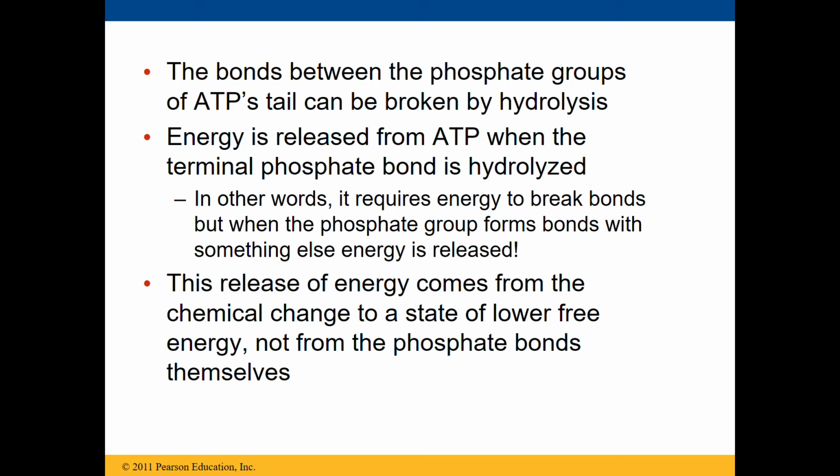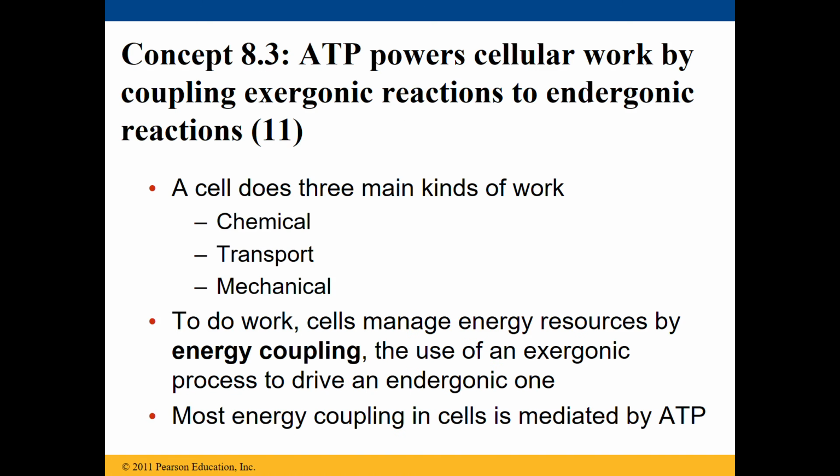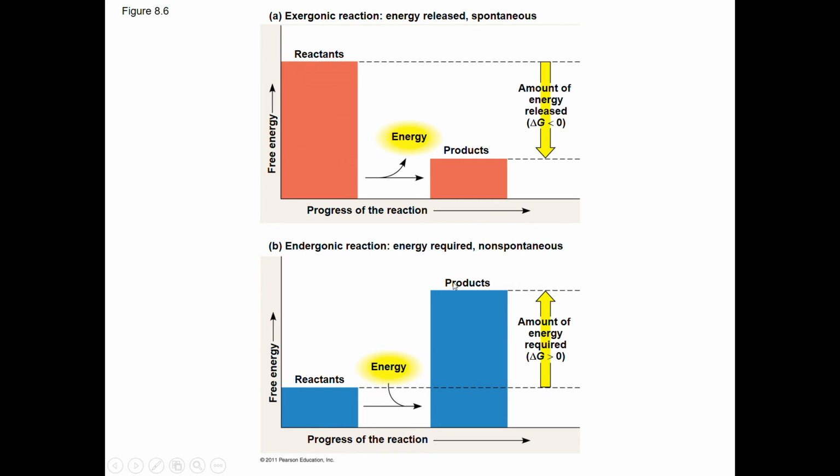And what we've done is, if we go back to this graph, right, when we hydrolyze ATP, ATP is your reactant, lots of energy stored in those phosphate groups that are linked together, right? And by hydrolyzing that terminal phosphate group, we create a lower energy product when the new bond is formed, and then that gives you the net release of energy, which can be used to do work in the cell.